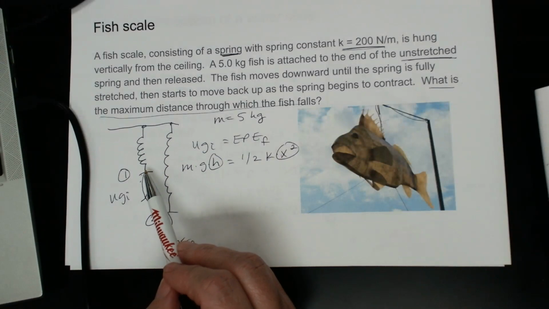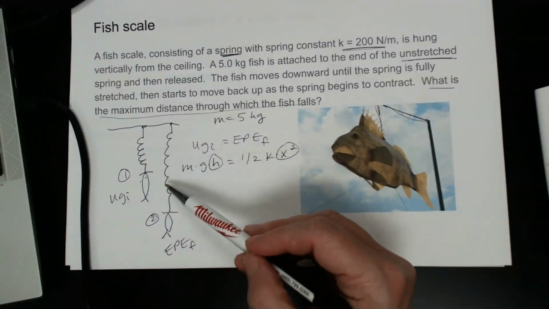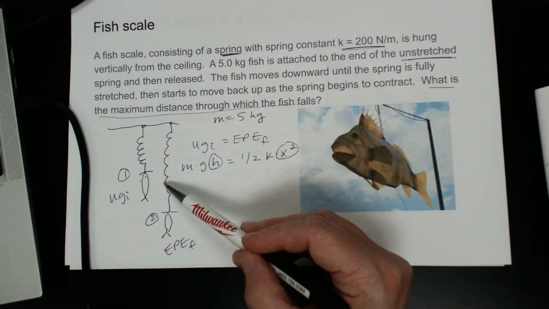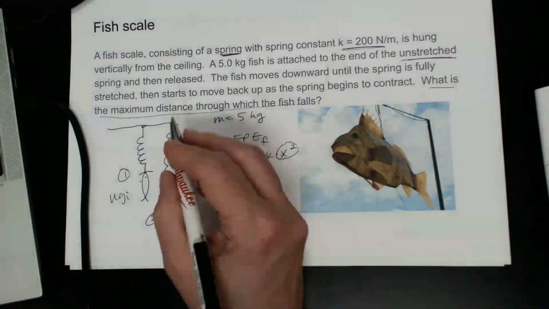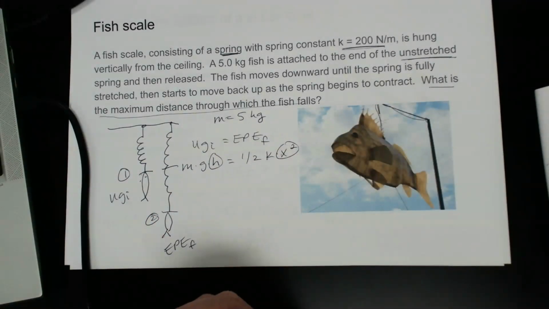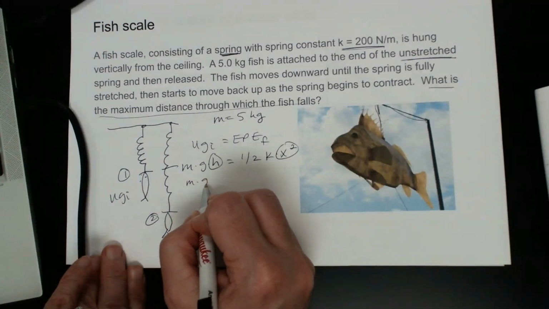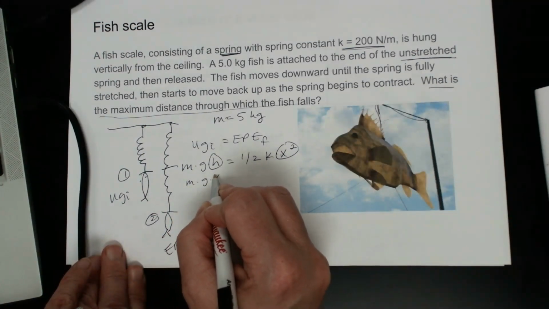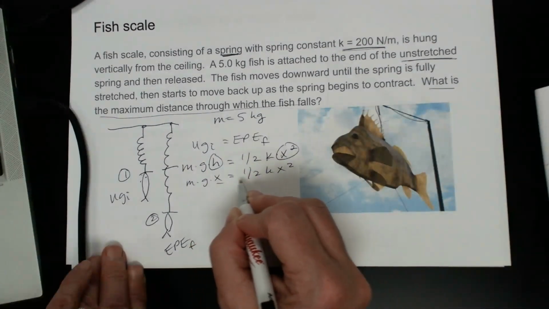And it turns out that for this particular scenario, those are kind of the same thing. They're actually the same thing because the height that the fish starts off at is going to be the same as the amount that the spring is stretched from this equilibrium point, from that relaxed, unstretched point. So I could almost say m times g times x equals 1/2 k x squared.